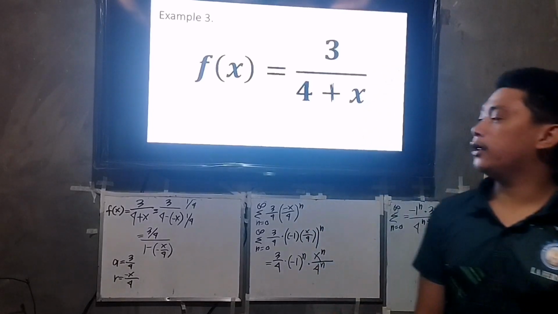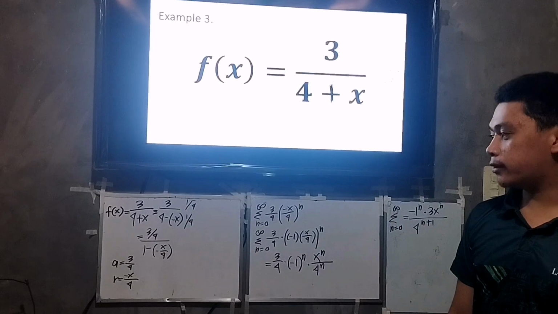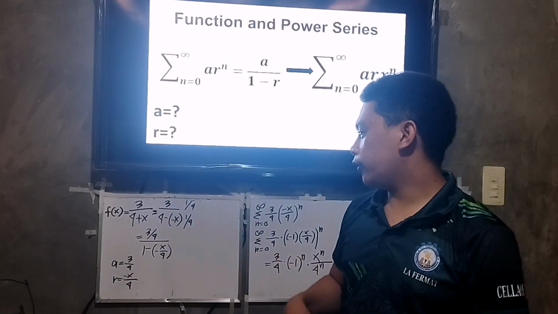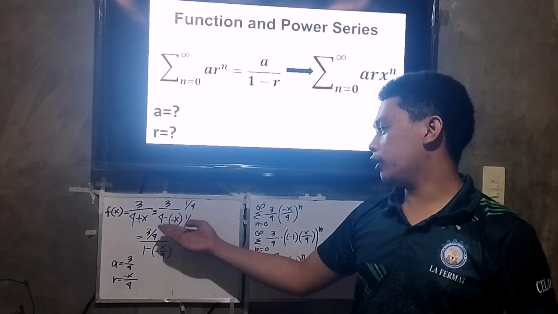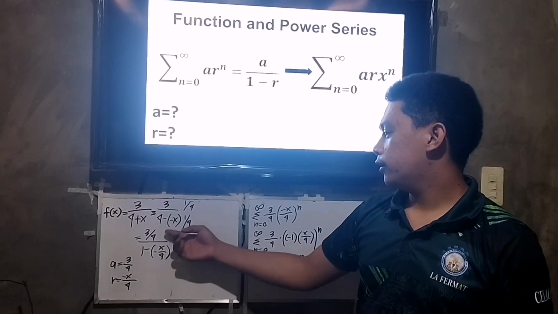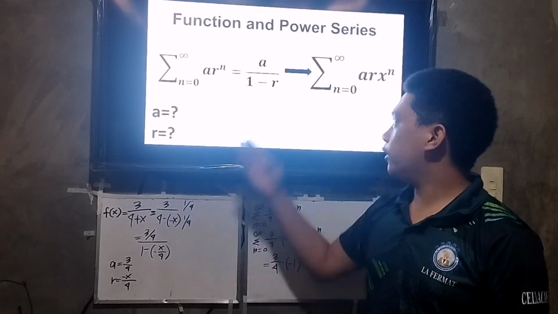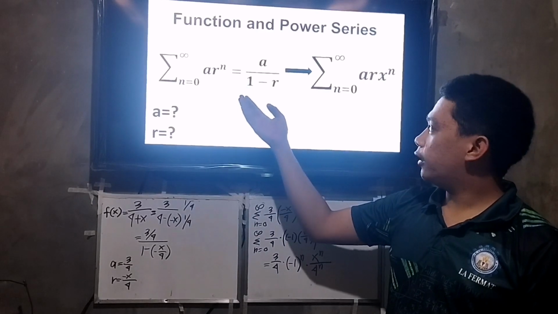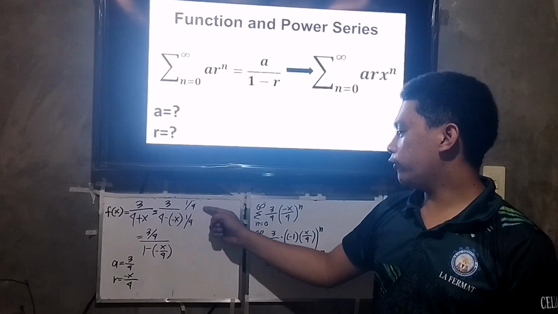So example number 3. f(x) equals 3 over 4 plus x. So from this, we copy the 3, then 4 minus. Since it is positive, it must become negative. So 4 minus negative x, to get the formation. Multiply by 1/4, since 4 is there.